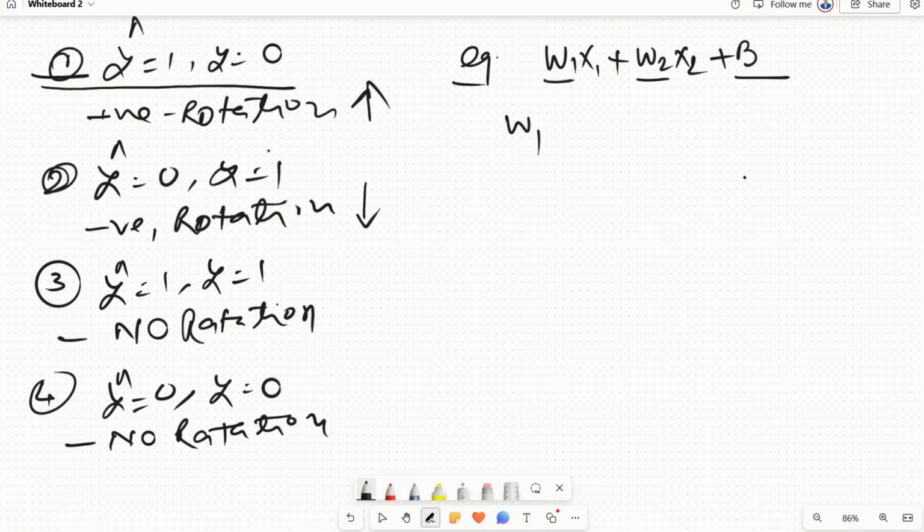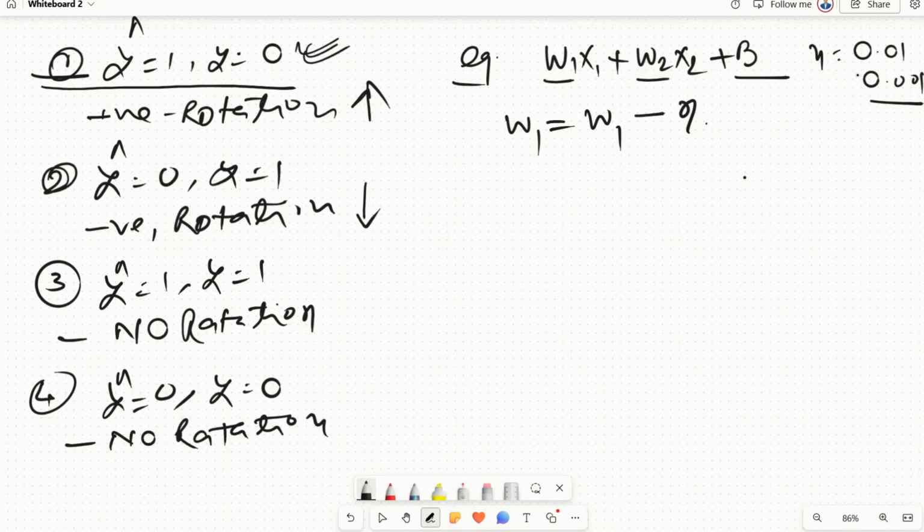So in this case, suppose I'm moving in the positive direction. My new weight will be w1 minus, in the positive direction we do a minus, and we take a learning rate. Learning rate is generally a very small number, for example 0.01, 0.001, something like that.